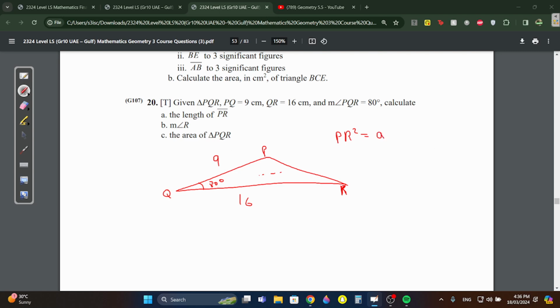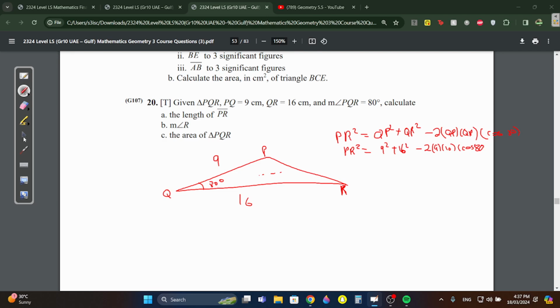Any side squared equals the other two sides squared, minus 2 times the other two sides times cosine of the angle in between them. So PR squared equals QP squared plus QR squared minus 2 times QP times QR times cosine 80. Let's substitute: PR squared equals 9 squared plus 16 squared minus 2 times 9 times 16 times cosine 80.